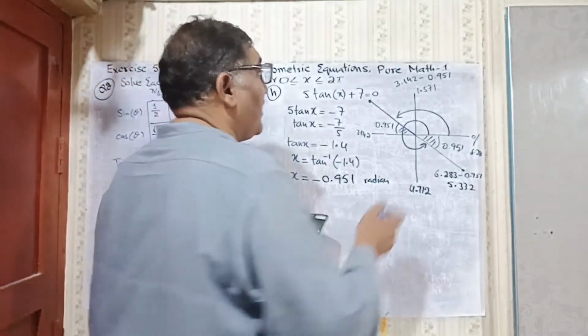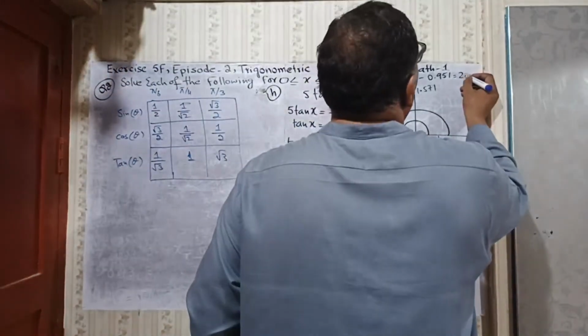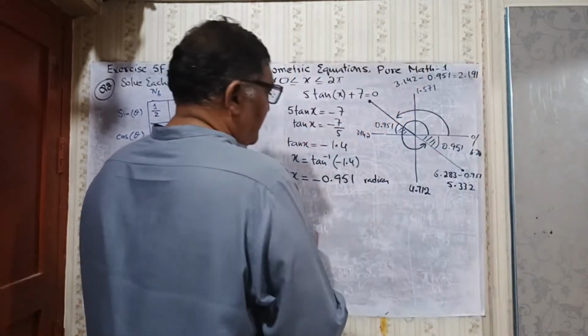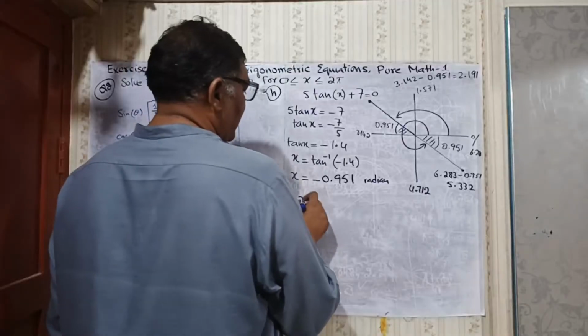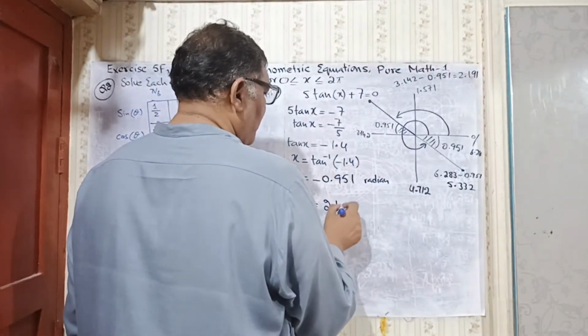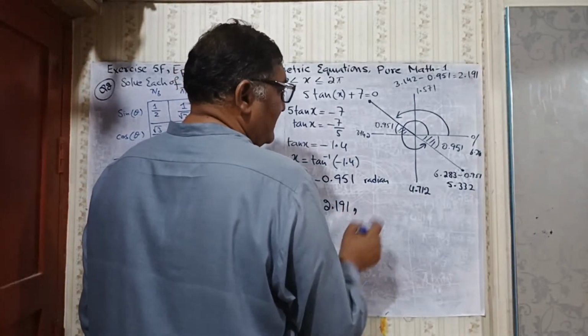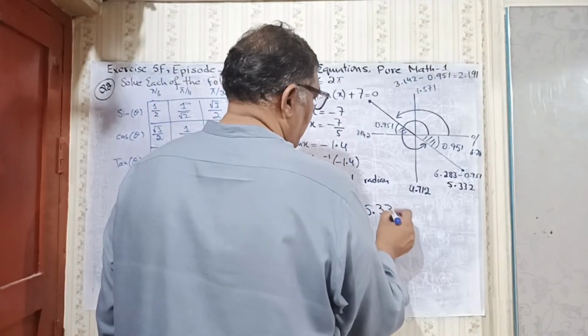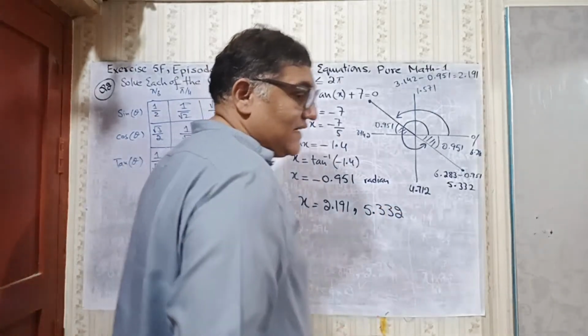It is 2.191. So my x will have two answers. One, the angle in the second quadrant, which will be 2.191 radians, and the angle in the fourth quadrant, which will be 5.332 radians.